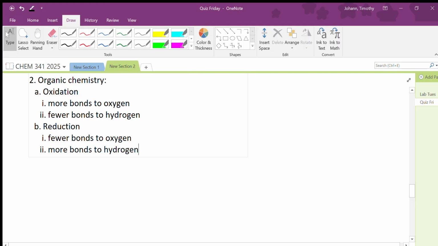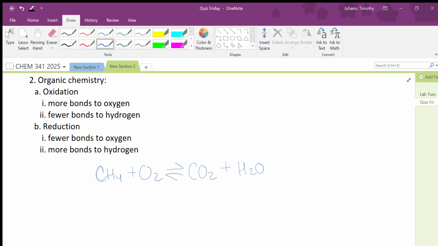So let's go ahead and look at a reaction. Now, if something's oxidized, what else must be going on? Something's going to be reduced, right? Okay, so that's something we want to keep in mind. So if we have, let's say we start with methane here, we can actually track on the atom basis for the most part, but we'll track with the heavy atoms at least. We can track what's being oxidized and what's being reduced.